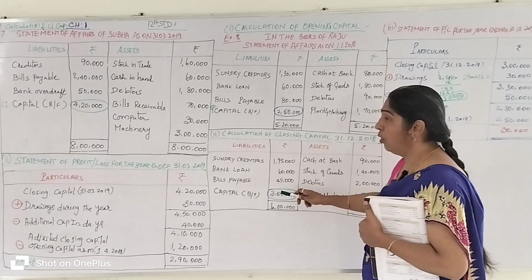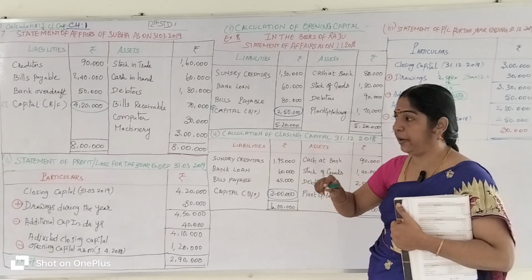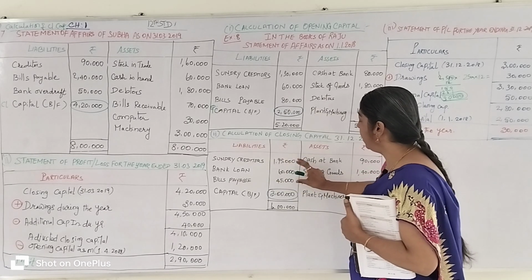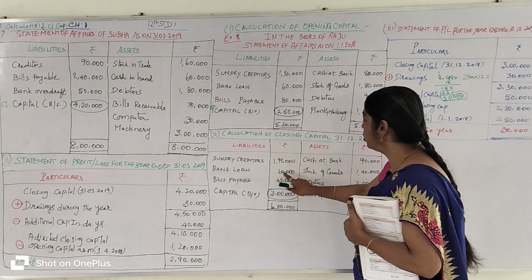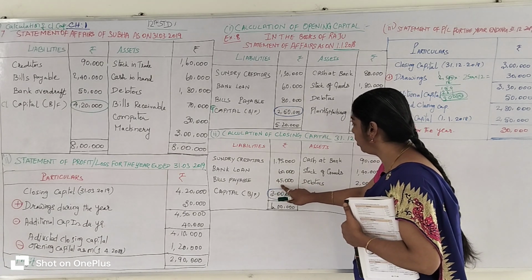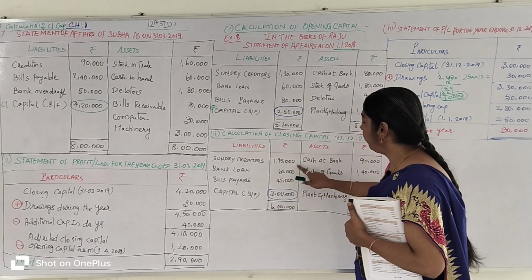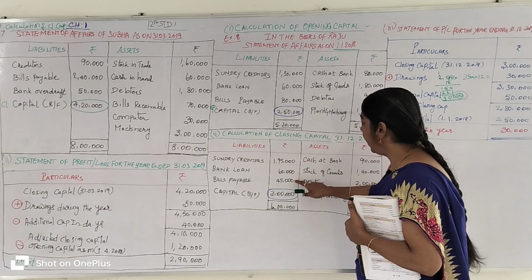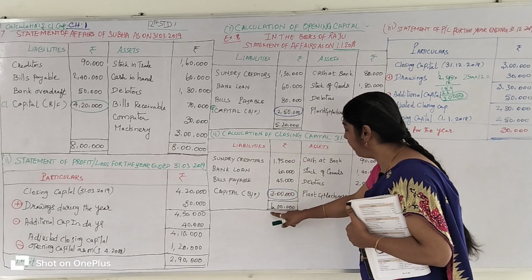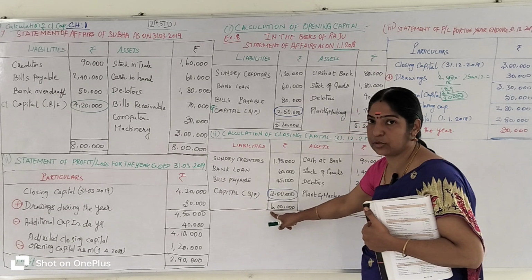Then we find out the closing capital. How can you find out the closing capital? First we add the liabilities: 1,95,000 plus 60,000 plus 45,000. After adding the liabilities, you subtract that total from 6 lakh rupees.